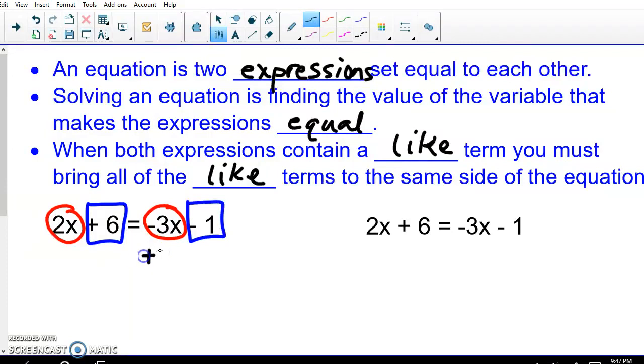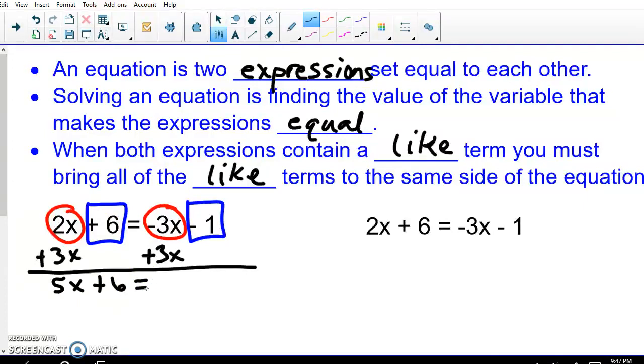I'm going to go ahead and add 3x to both sides so that all of my x terms will be on the left side of the equation. 2x plus 3x is 5x. I still have plus 6. And on the right side of my equation, negative 3x and positive 3x are additive inverses, so those cancel to 0, but I still have a minus 1.